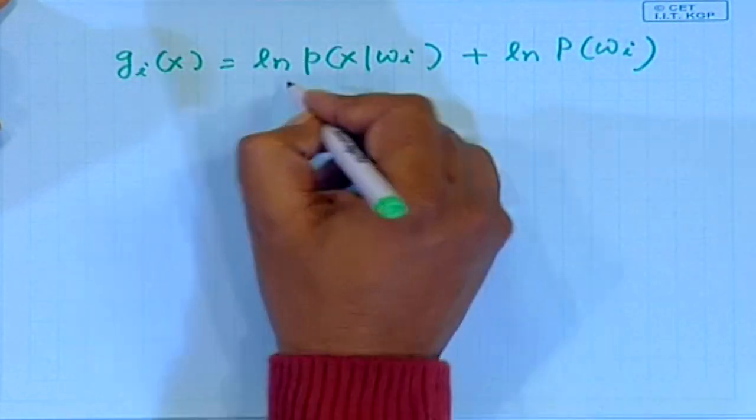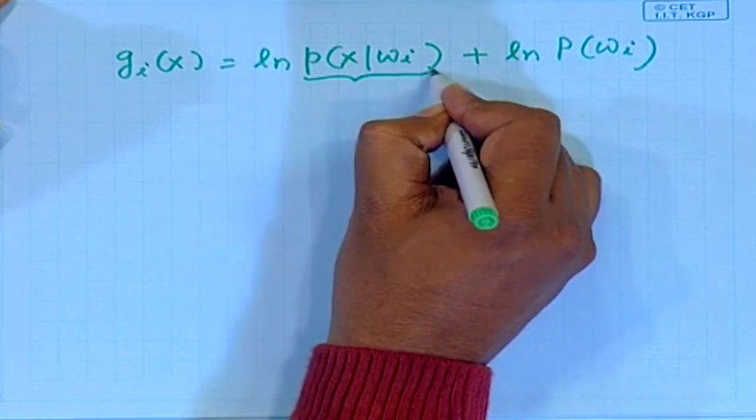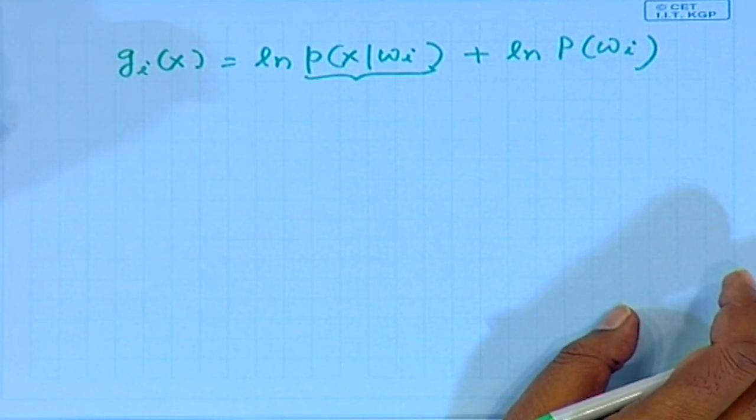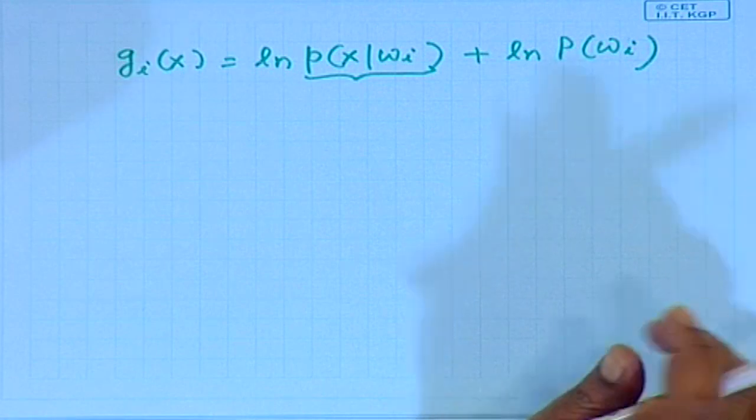What is the expression of this p of x given omega i? It means we are taking the samples from class omega i, finding out its probability density function. So, the expression will remain the same. The mu and sigma will be replaced by mu_i and sigma_i. That means the mean vector for the samples taken from class omega i, and the covariance matrix computed from the samples taken from class omega i. That is all. The expression will remain the same.